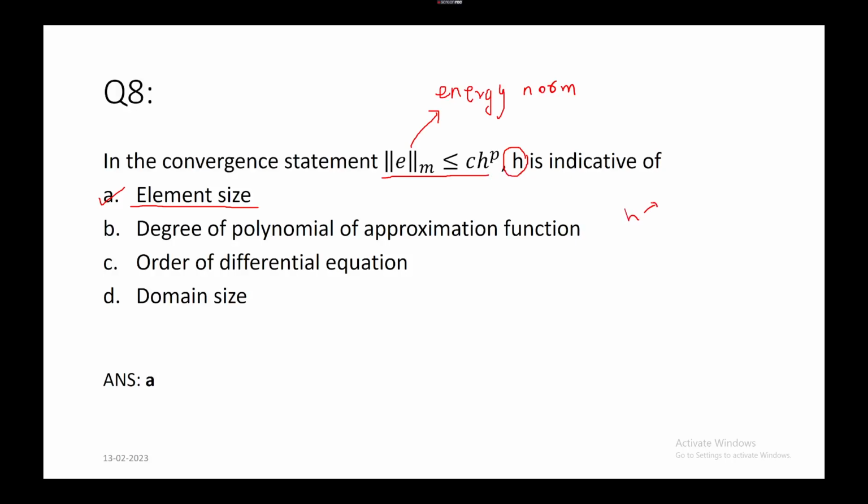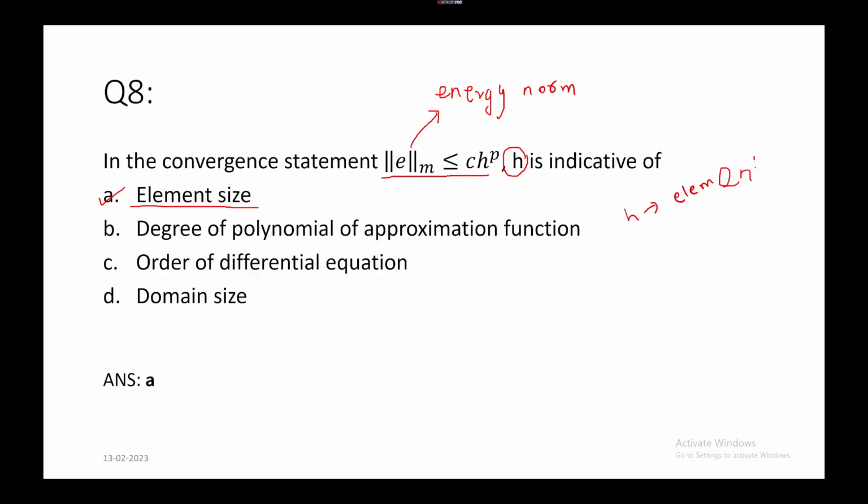In this, h indicates the element size. Any doubt for this? No, sir. Okay.